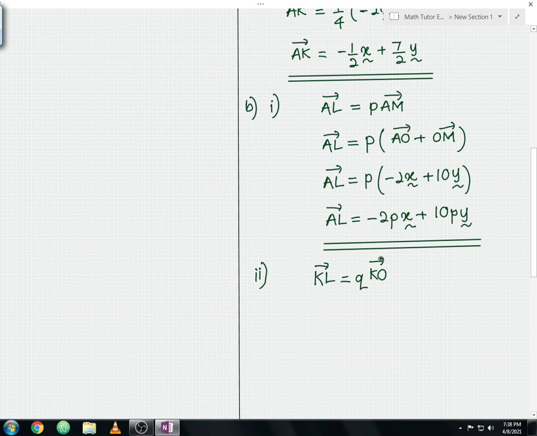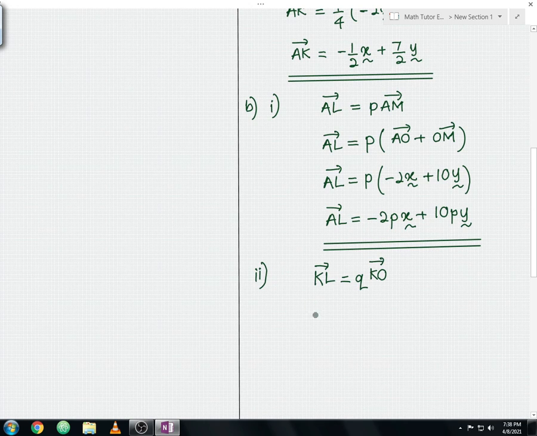To find vector KO, it will be the summation of two vectors, vector KA plus vector AO. That will be our step 1, guys. Once we find the vector KO, then you times in this constant Q, you should be able to get the vector KL. That will be the working for question B part 2.